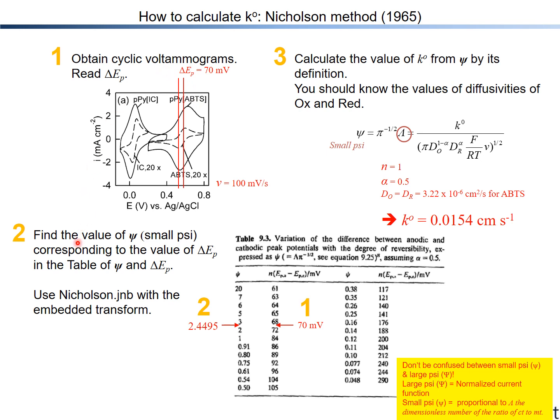Find the value of small psi corresponding to the value of delta EP in the table of small psi and delta EP here. This table was made by Nicholson in 1965, or you could calculate it using the capital psi functions.